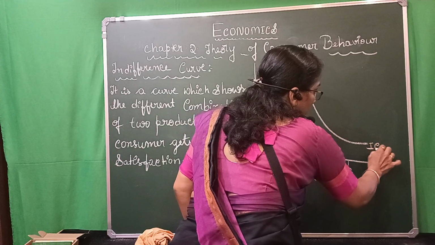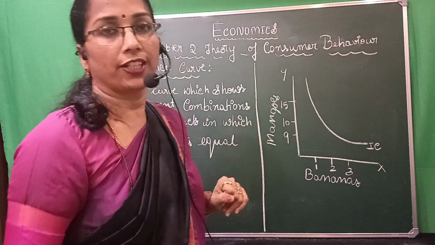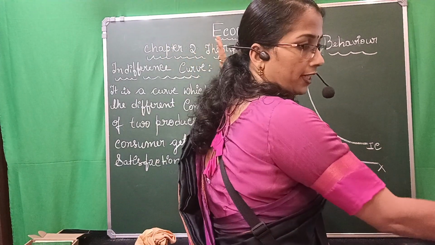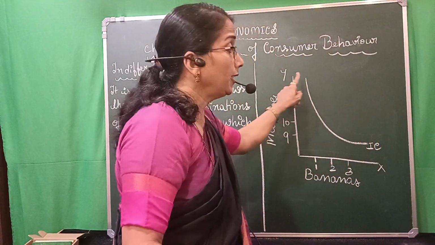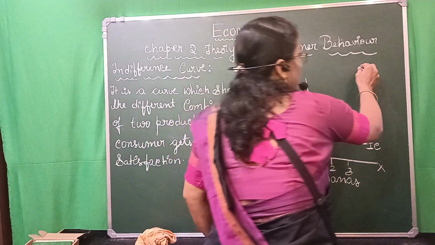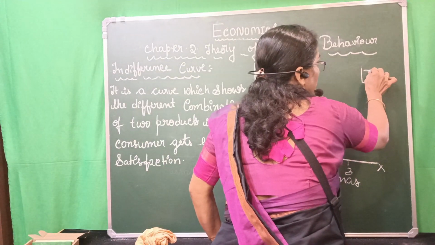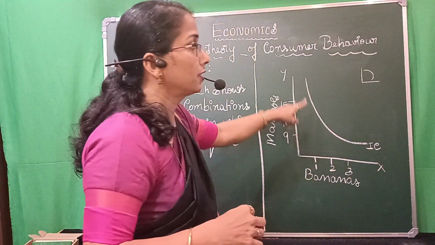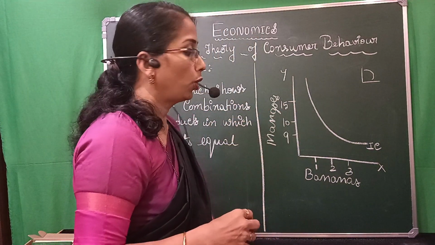I'll name it as IC. IC means indifference curve. So it is sloping downward from left to right, and it is convex to the origin. Another type of curve is not convex, it is concave. The shape of the indifference curve is convex to the origin.